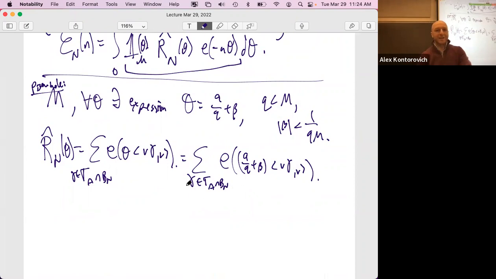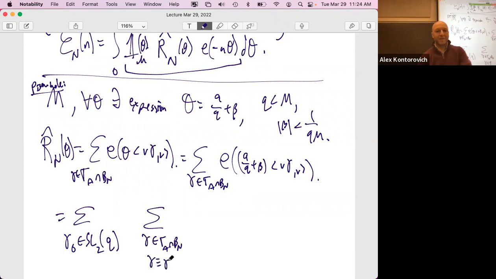We can split this sum into a sum over gamma 0 in SL2Z mod QZ, and a sum over gamma in this ball, where gamma is congruent to gamma 0 mod Q. I've done nothing.